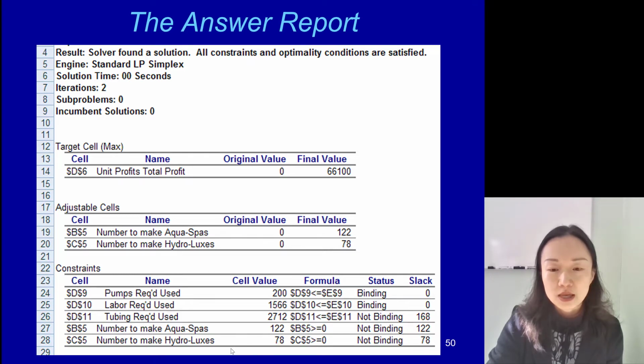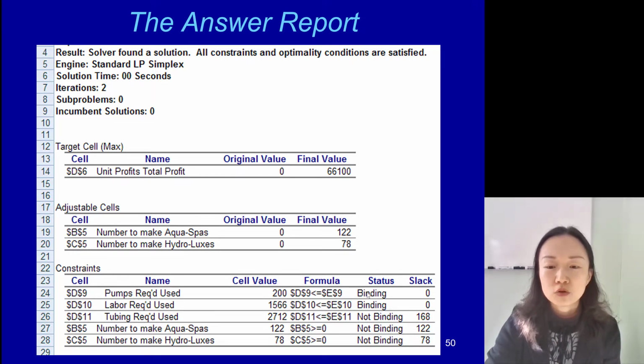And then if you look at the constraints, it will list all the constraints, including the non-negativity constraints, and tell you whether a constraint is a binding constraint or not, and what's the slack. If you recall, when we use the simplex method, we would add a slack to a less than or equal to constraint to convert it to an equal to constraint. And here the slack represents the difference between your left-hand side and your right-hand side.